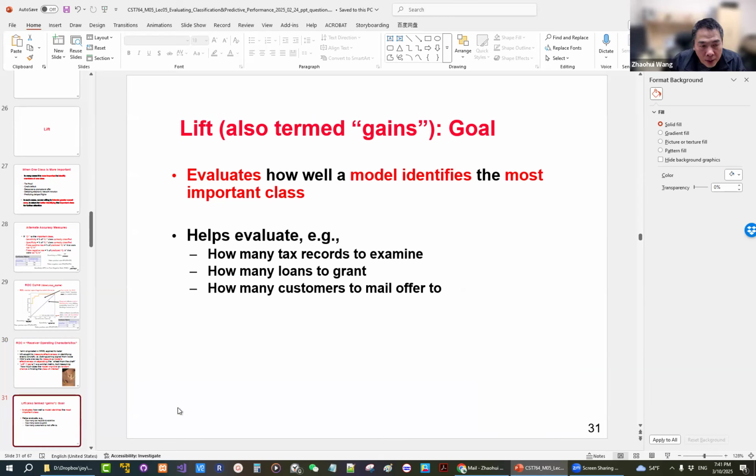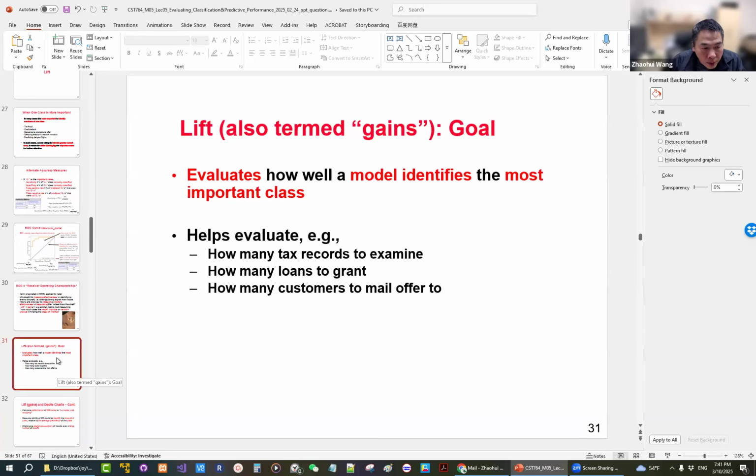And we can use this lift chart to evaluate how well one model identifies the most important class. So that we can identify the potential fraud cases in the application. Usually you can receive an email from the bank if you have a suspicious action in the account, and the bank will send you an email about the warning.